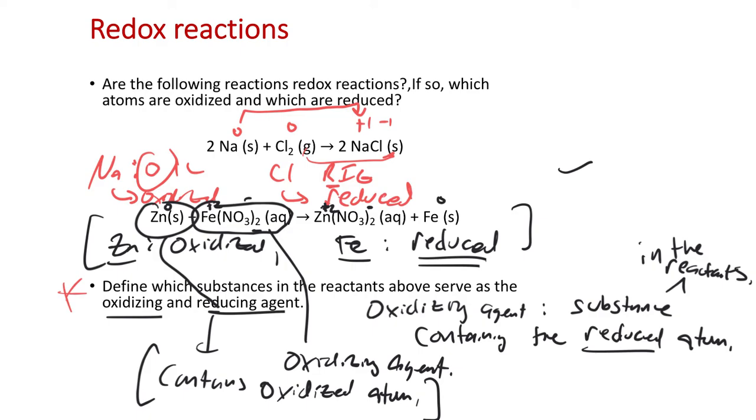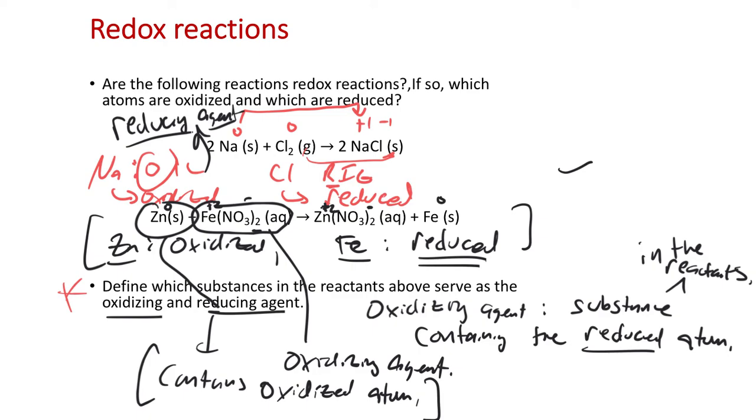Okay, and again, I think you see the difference: the term agent is applied to the entire substance, and the atom terms we just apply to the elements that are being oxidized versus reduced. If we look at the first reaction, sodium is oxidized, so this is our reducing agent in the reaction. The vernacular usually goes, sodium is the element that's oxidized in the reaction, therefore sodium solid serves as the reducing agent.